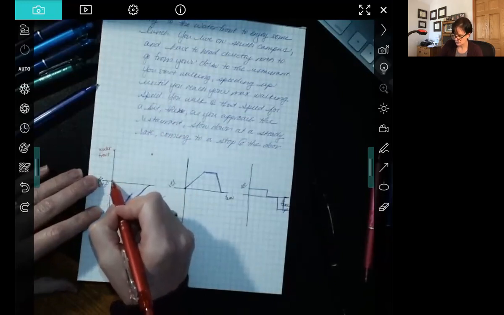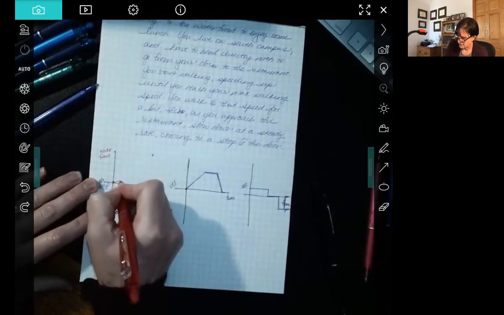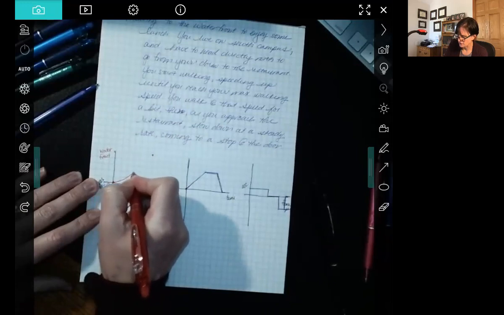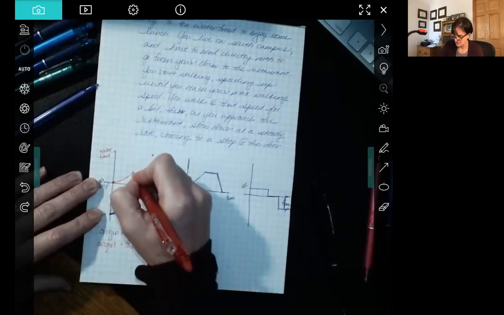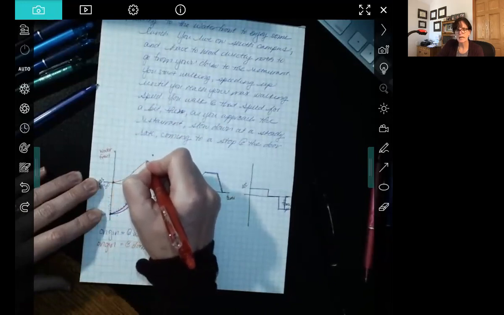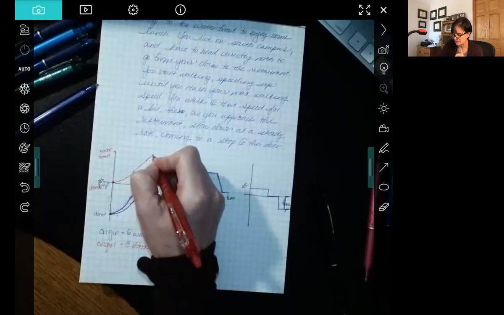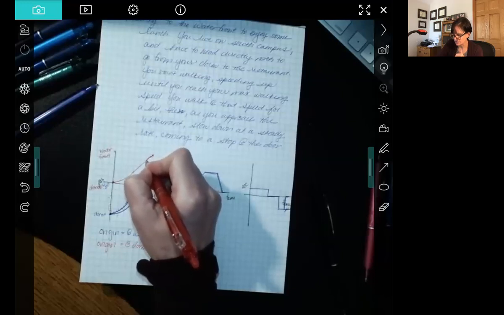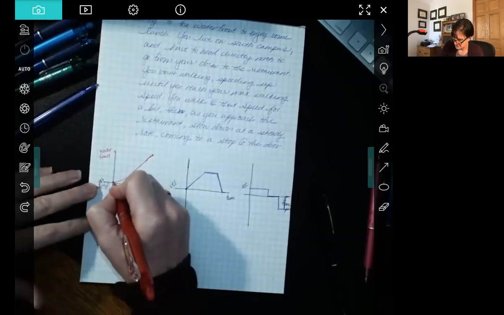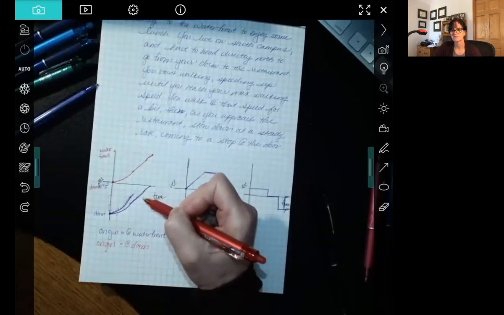I start out going at a low speed, but I get faster and faster until I hit my top speed, at which point I travel at that top speed for a little bit, and then I start to slow down, so I make less progress in the position over time, and I curve in this way. So here's that curve, straight, and this curve. Now, how do these two graphs compare? They look the same.